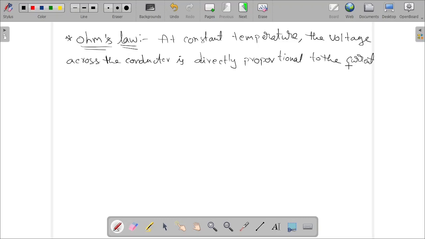Okay, so this is the statement: at constant temperature the voltage across the conductor is directly proportional to the current passing through it. This is the statement of Ohm's law.